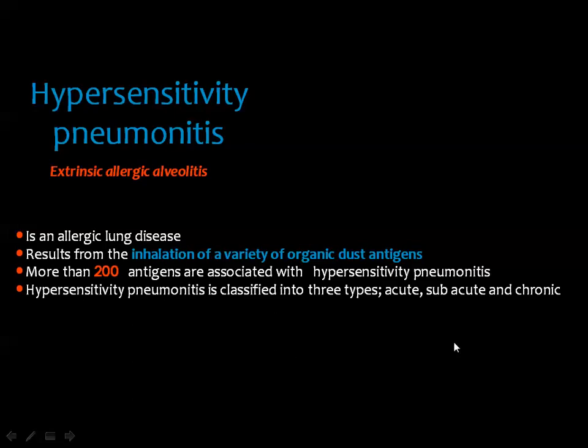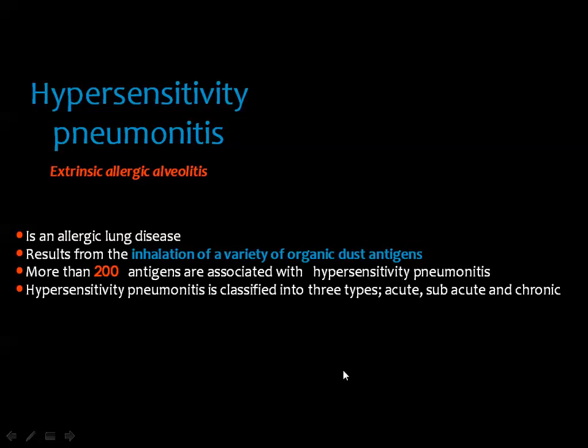And what about the hypersensitivity pneumonitis? It's also known as extrinsic allergic alveolitis. From its name, it is an allergic lung disease related to the inhalation of a variety of organic or dust antigens.